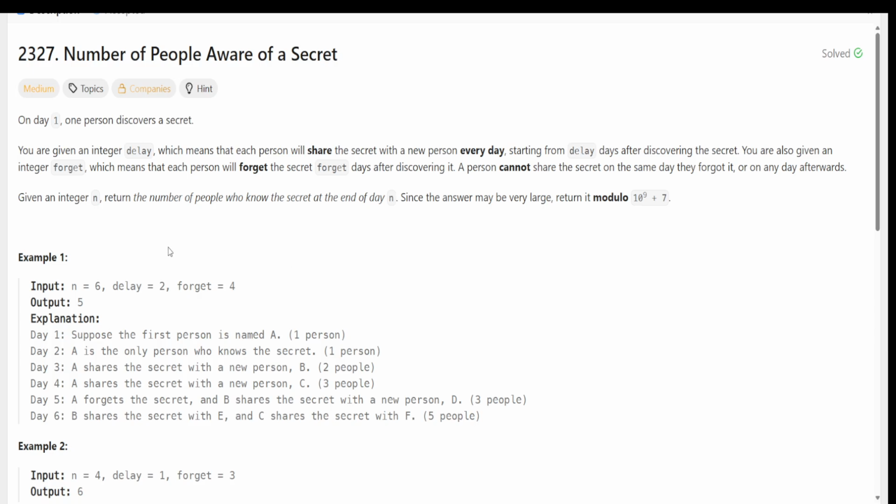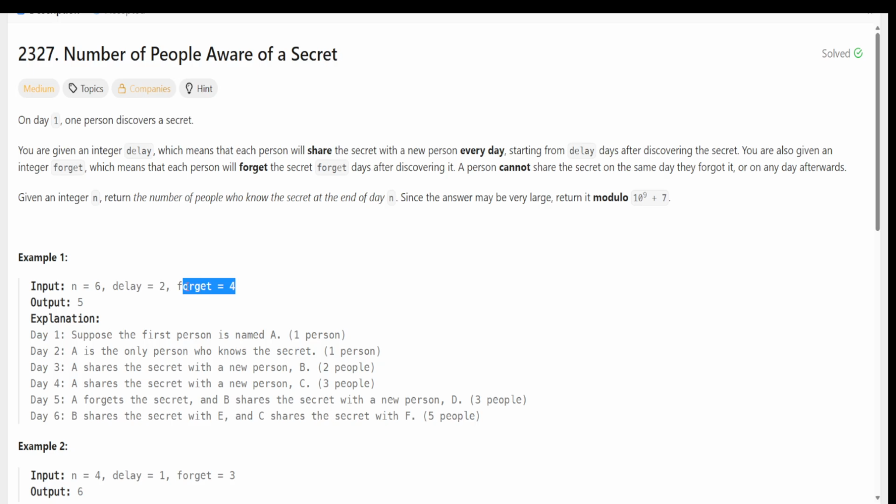Okay, can I repeat again? On day one, the story says that a person knows a secret. Okay, and after delay, right? After delay means the delay that you have been given, delay days. So after delay days, this person starts sharing it with another person on every single day. Okay, and after that there is just a very small catch, and that catch is after the forget days, he completely forgets the secret, right?